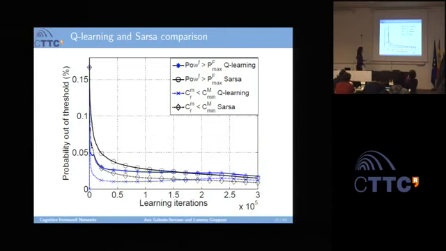As we can see in blue, Q-learning is able to decrease this probability much faster than SARSA, because once it finds a good solution for a critical state, it will always follow that action. Meanwhile, SARSA will have a more careful learning process, so it will be slower, but in the long term it will be a little bit better. Okay?